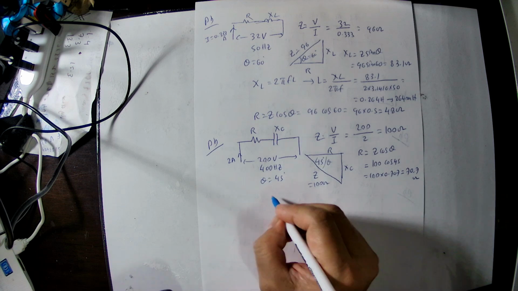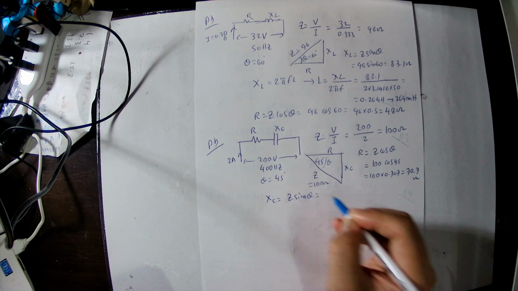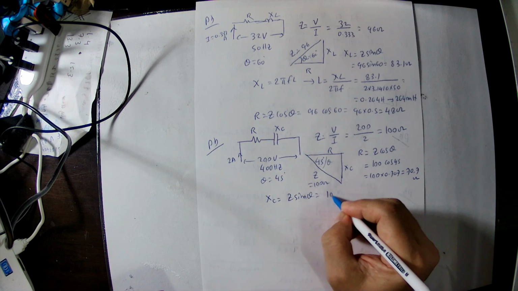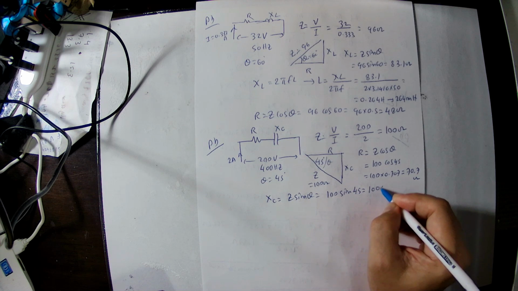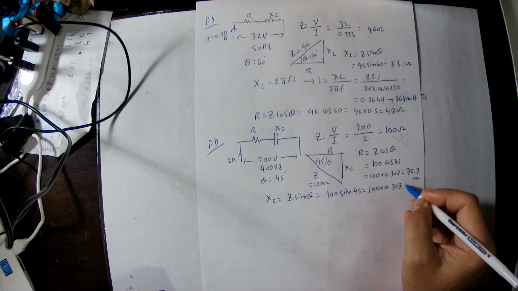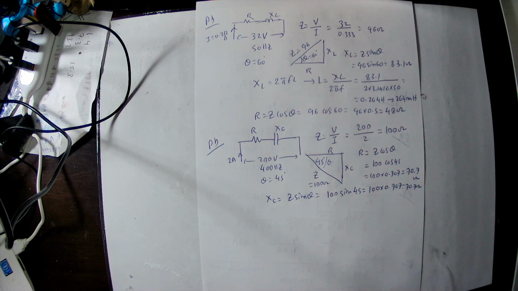Similarly, XC can also be calculated. XC equals Z sine theta. So Z is 100, sine 45. 100 multiplied by 0.707, you got 70.7 ohm as well. This is the XC value. Then we can find out the capacitance value.